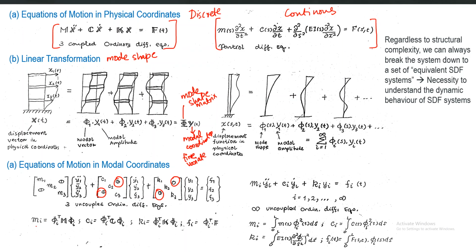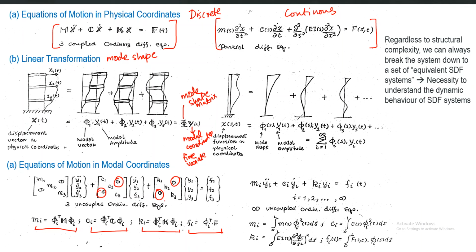The concepts of modal mass, modal stiffness, modal damping and modal force are introduced here, and if these modal quantities are worked out using the phi vectors, then we can solve the equations separately for each mode, and then take the solution back to the physical coordinates.